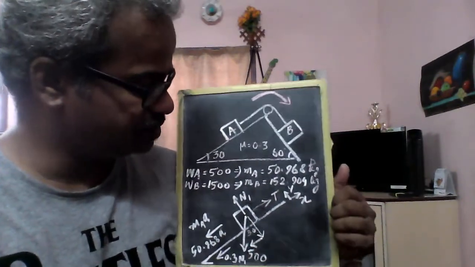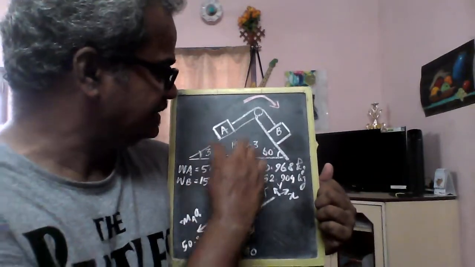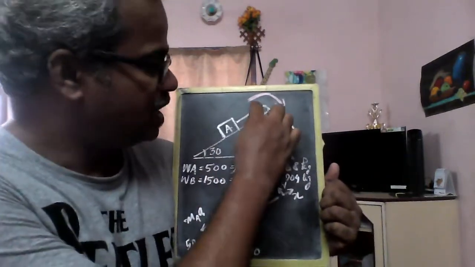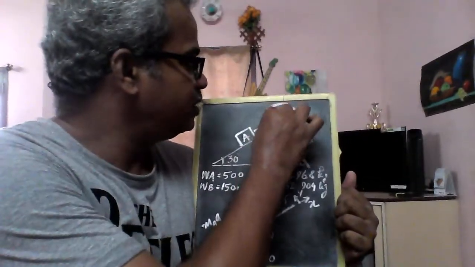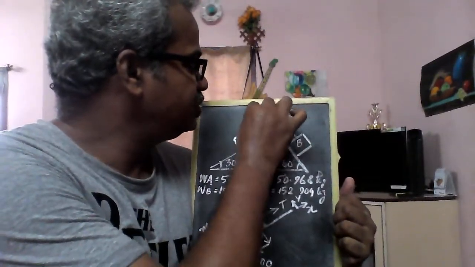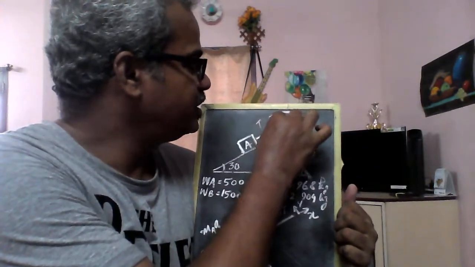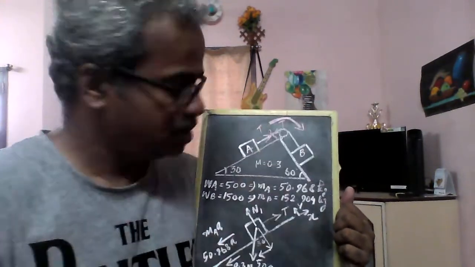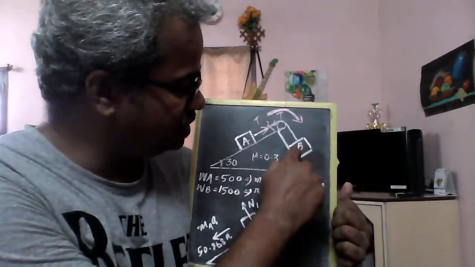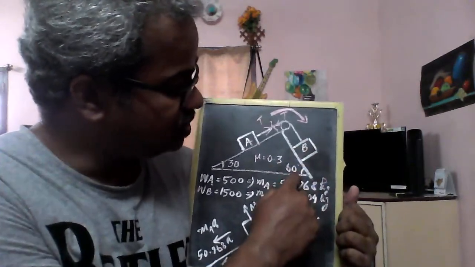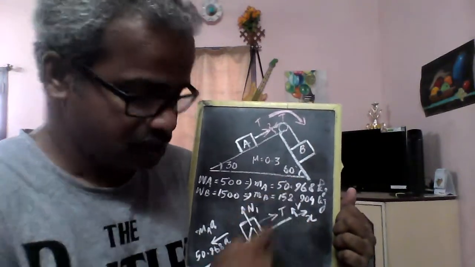It is simple, similar to the previous problem. You consider this slope first, and you will have a tension here and a tension here, and the body is moving like this because body B is 1500 Newton and has a steeper slope.